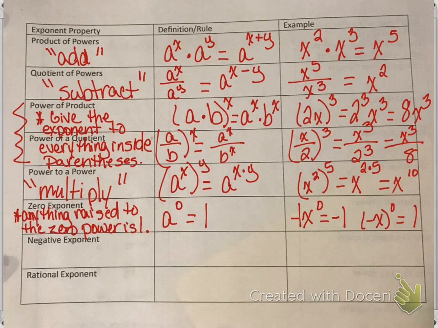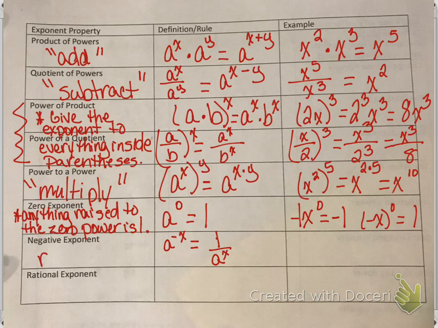Okay? Negative exponents. So if I have a to the negative x, what does that mean? Fraction. It's a reciprocal. So the a goes to the denominator. And what is that a raised to in the denominator? x. Okay?